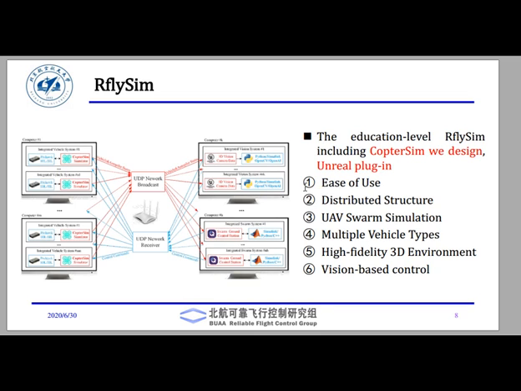To simulate a system, there are structures inside, and each structure performs alone. We can do UAV swarm simulation, multiple vehicle types, high fidelity 3D environment, and vision-based control.